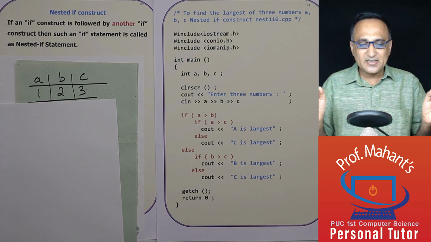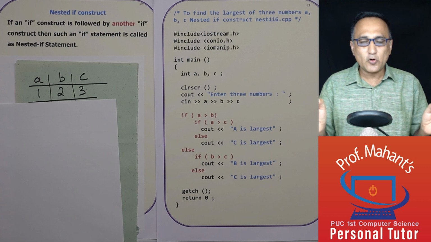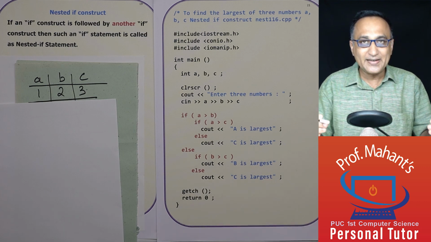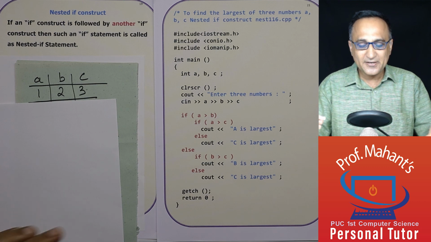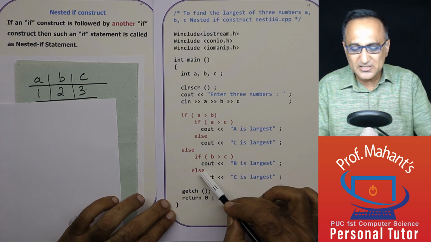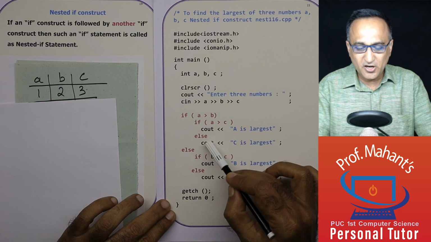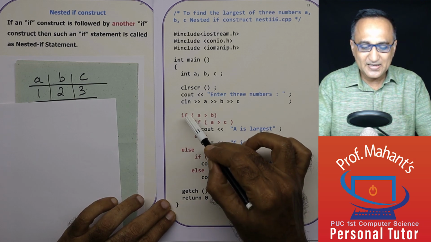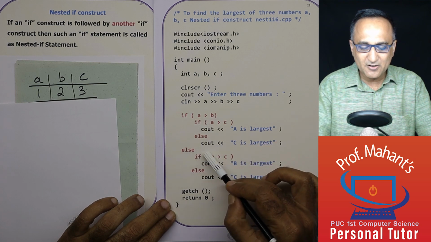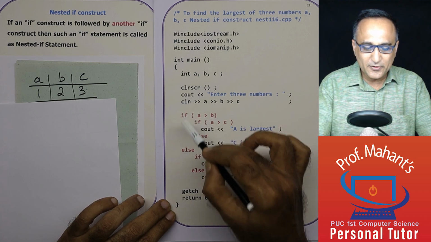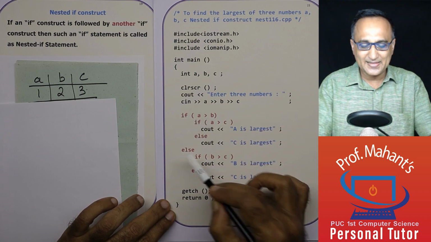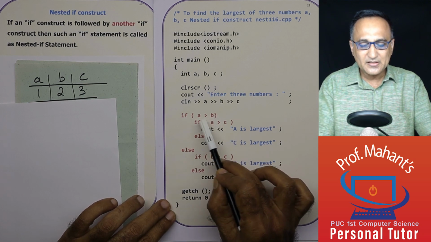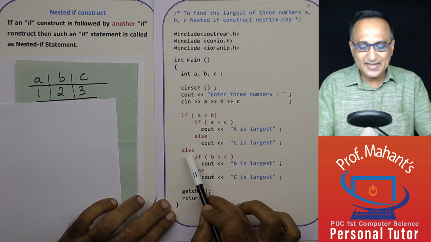In the nested if construct, you have to always know that the else is linked with the closest if. Which is the closest if to this else? This fellow. Which is the closest else to this if? It is this fellow. Now since this is taken care of, this fellow is associated with this else. So here, since a is not greater than b, this condition fails and I directly come here.